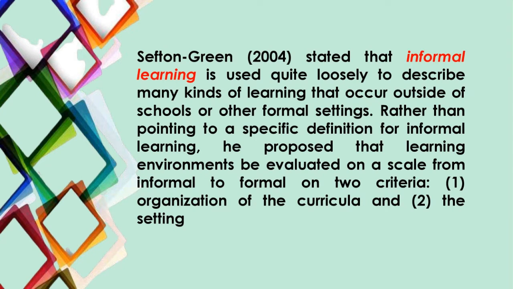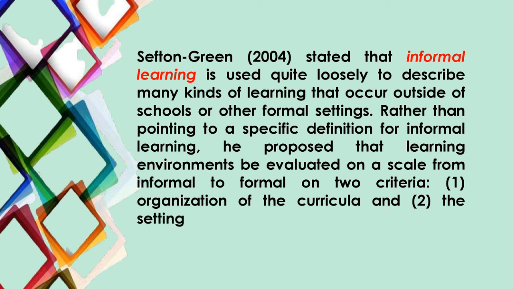According to Sefton-Green 2004, informal learning is used quite loosely to describe many kinds of learning that occur outside the schools or other formal settings, rather than pointing to a specific definition for informal learning. He proposed that learning environments be evaluated on a scale from informal to formal on two criteria.